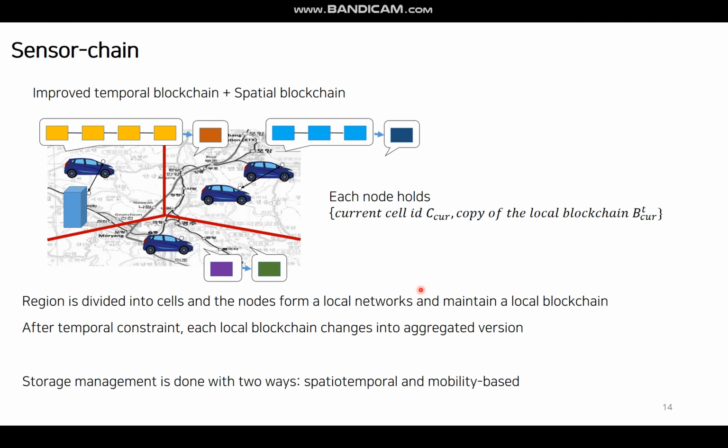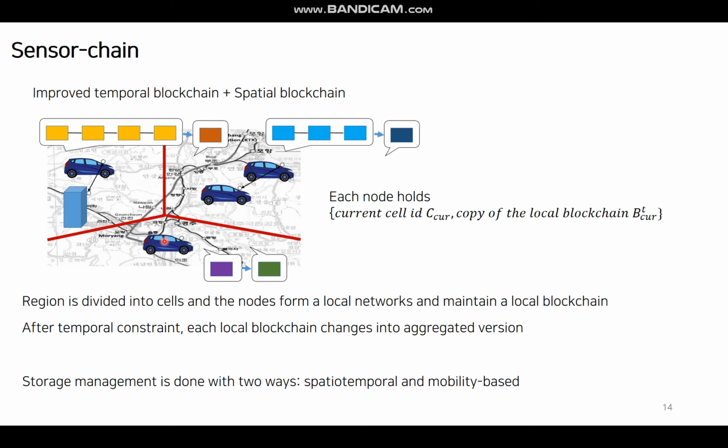And the final approach of the authors is the sensor chain. The sensor chain is the combination of the improved temporal blockchain plus the spatial blockchain. So the region is divided into cells, and nodes form local networks and maintain a local blockchain in each cell.